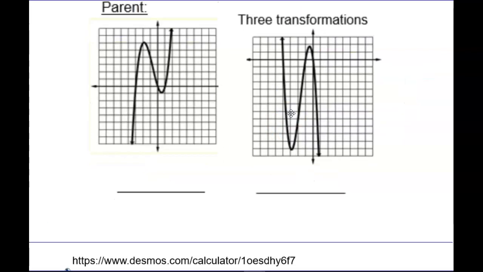Okay, parent function again. Oh no, we have three things. Anybody tell me one of the things they think happened? Reflected over y? I'm not sure it is over y. I feel like it's over x.